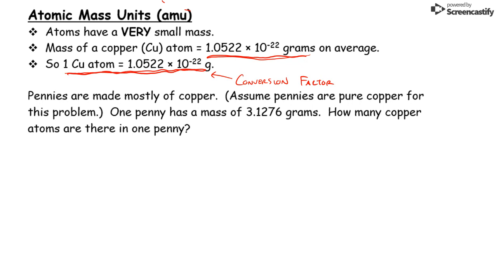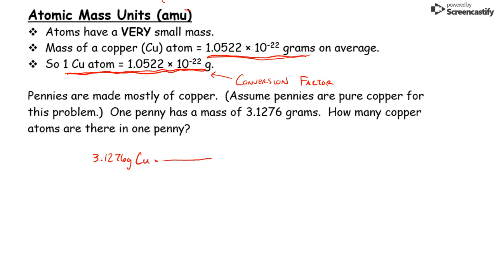Hopefully you said a big number, because remember, one copper atom is really, really tiny in terms of the mass, especially compared to the overall mass of a penny. And so we're going to start by saying 3.1276 grams of copper. Now notice for this, we wrote both the grams as well as the element we're kind of in question or that we're talking about.